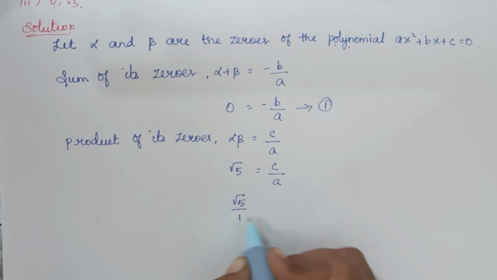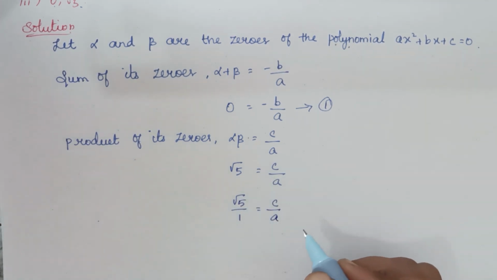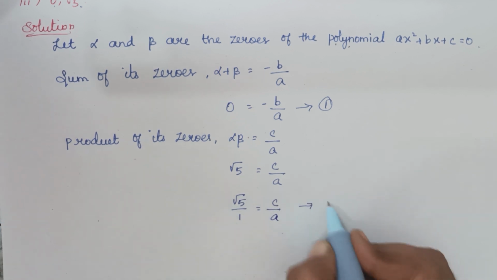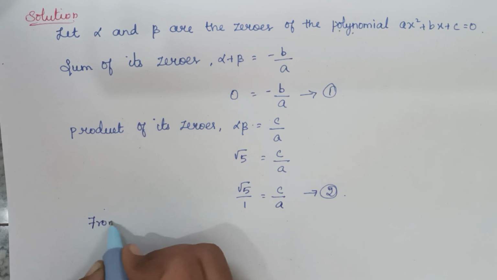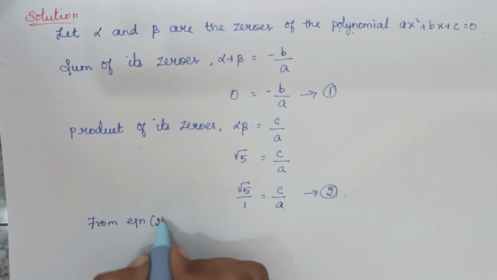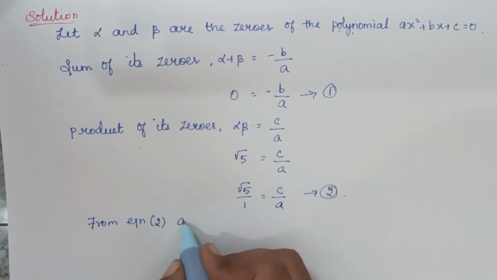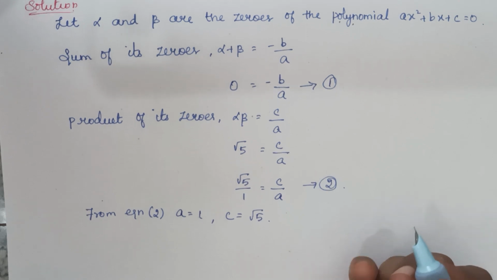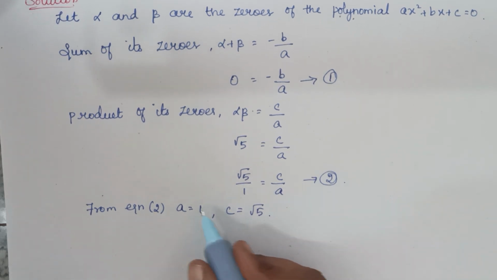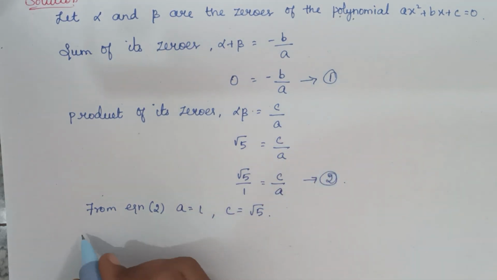So root 5 by 1 is equal to c by a. We'll consider this equation as number 2. So from equation 2, we find out the value a is equal to 1 and c is equal to root 5.